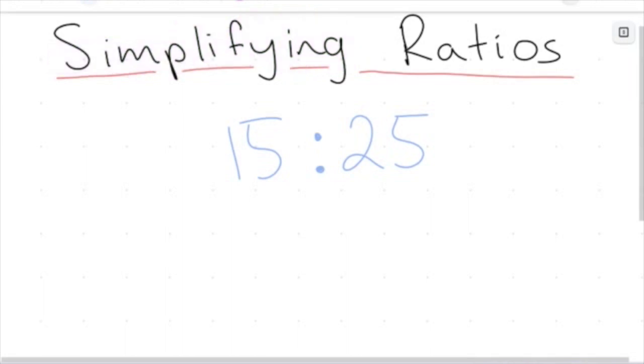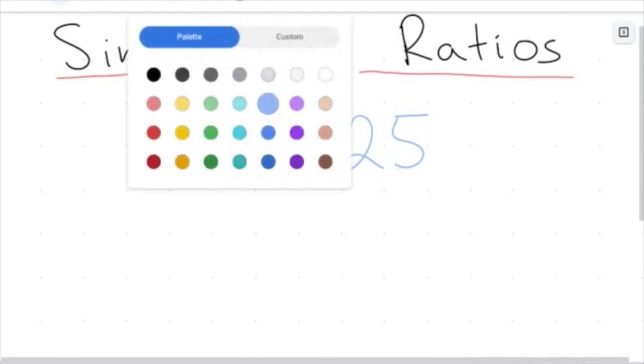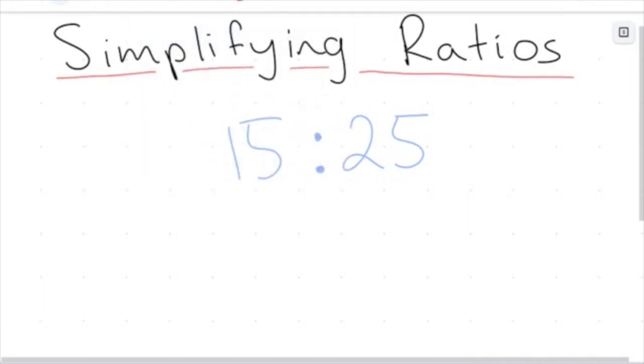Now, I have here the ratio of 15 to 25. In the previous video, we looked at finding equivalent ratios, and this was the process of simplifying, as we now know. If you remember from the last video, to simplify this to the lowest possible ratio, we want to look at the highest common factor, the highest number that goes into both 15 and 25.